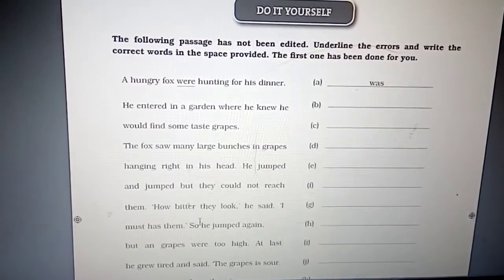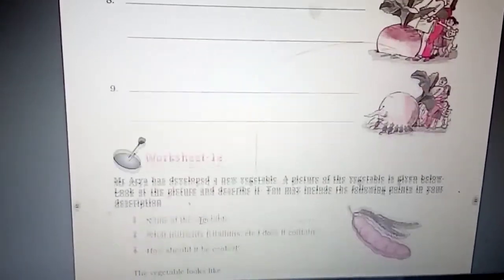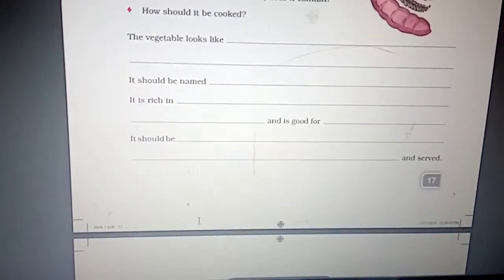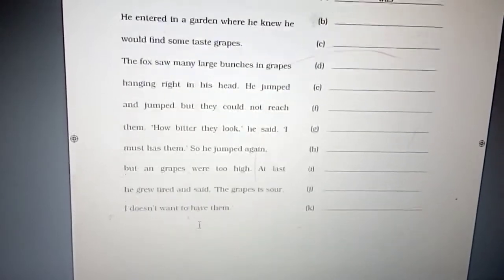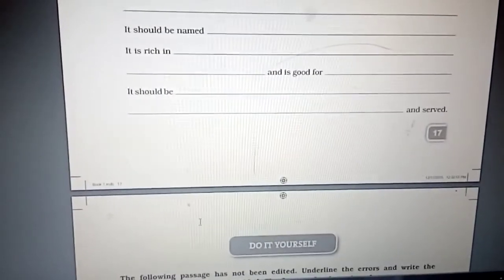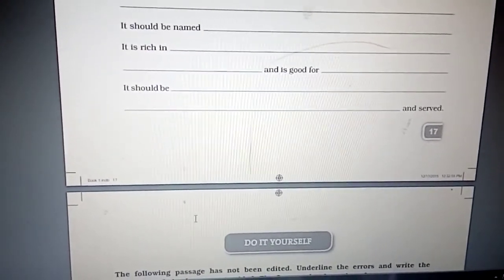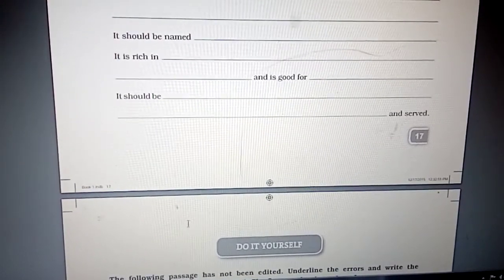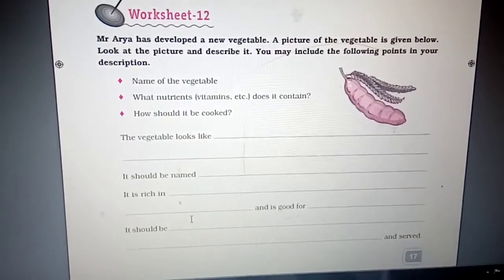Now you do both worksheet number 12 and the worksheet do it yourself in your classwork copy and show me. I want to see how many of you have understood it and how you have done them.